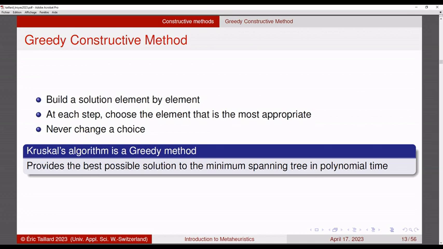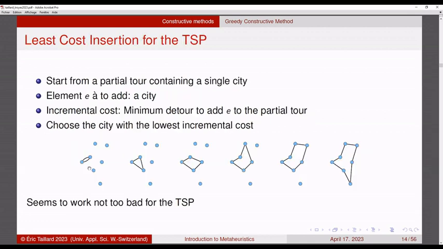And it works for the minimum spanning tree. It's a polynomial algorithm for this simple problem. So we can try to use this for getting a good, or not too bad, solution to a hard problem, for instance, the traveling salesman problem.